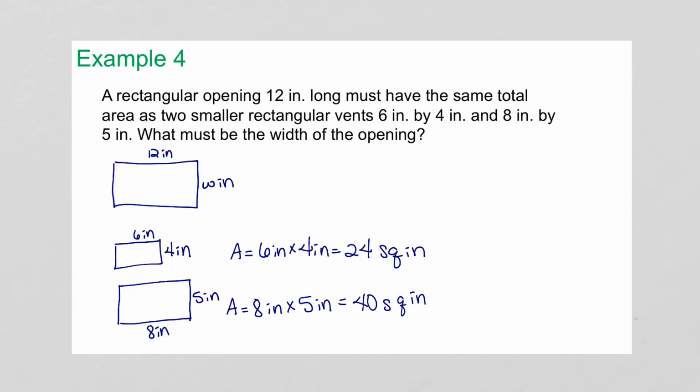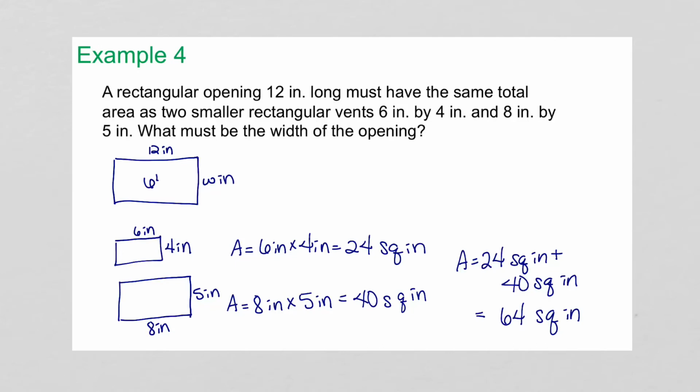And so we can add those and get the total area, which is 64 square inches. So we know that the bigger rectangle has to have an area of 64 square inches.